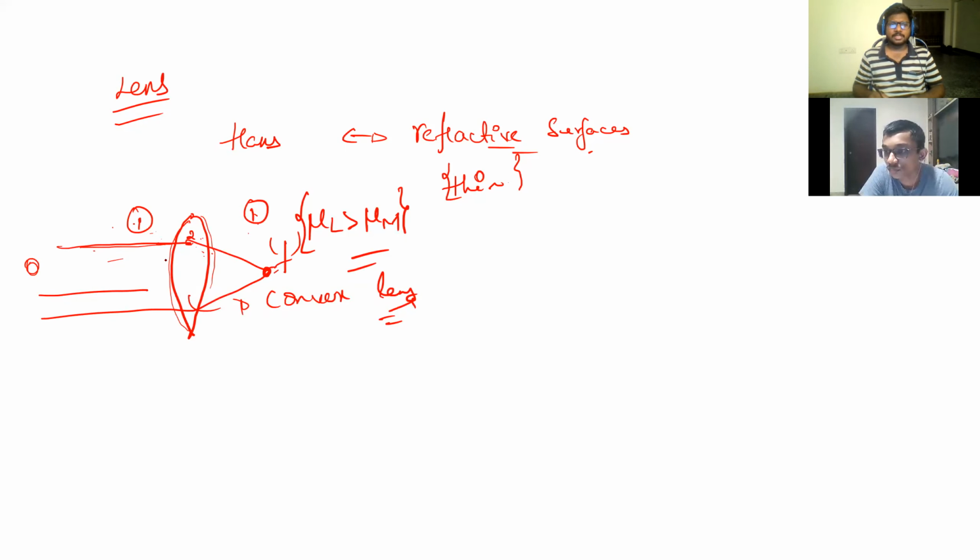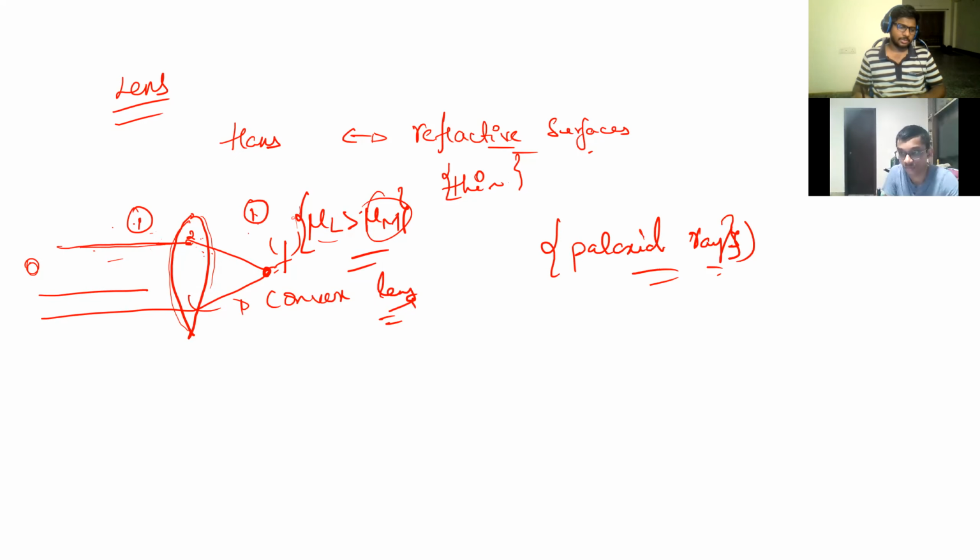So this convex lens, where the refractive index of the lens is greater than the medium, acts as a converging lens. This is for paraxial rays; marginal rays will not work here. I told you about paraxial rays when teaching mirrors: they are close to the principal axis.